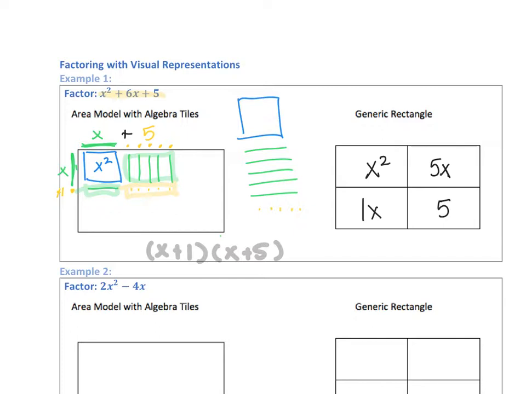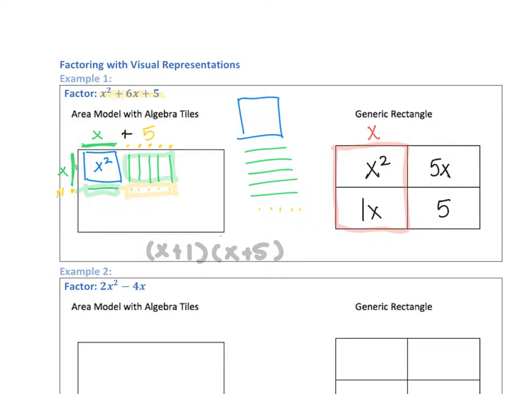So this is what I'm talking about. If I look at this vertical column and ask myself, what do they have in common? What could I divide both of those evenly by? Well, the answer is x, and that makes sense that it would be our leading term for one of our factors. Then I can keep going.